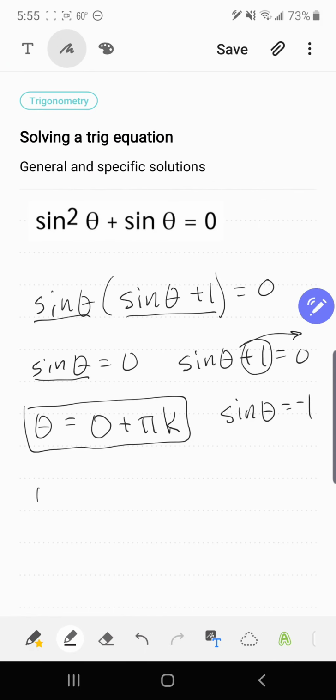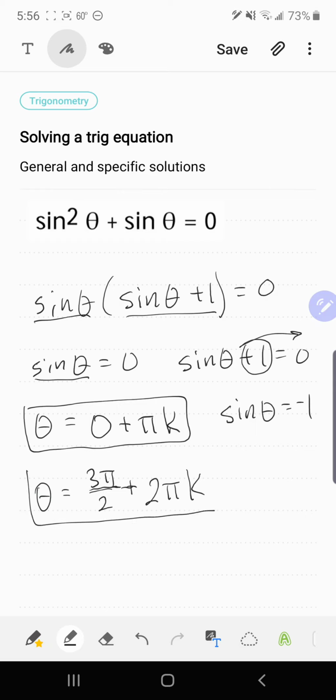So the other angle is going to be theta equals 3 pi over 2 plus, and this time it's plus 2 pi k, because you have to go a full circle to arrive back at that y coordinate of negative 1. So these are our two general solutions in radians for the solutions of the original equation.